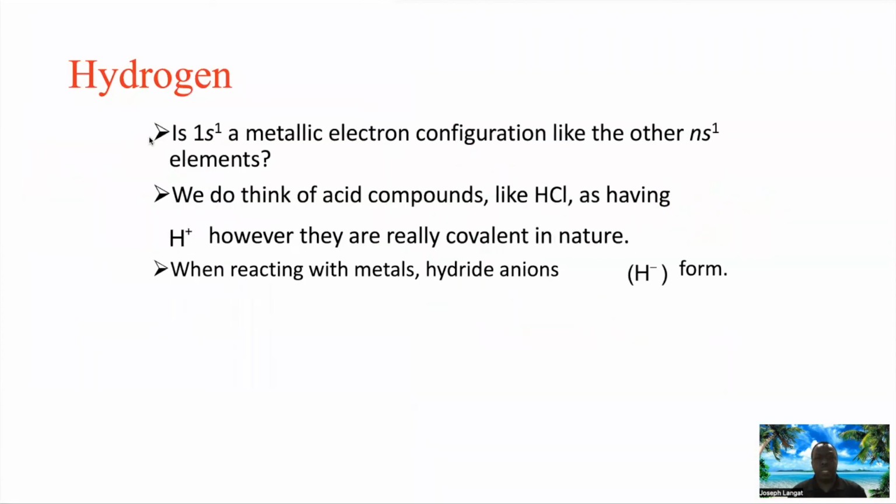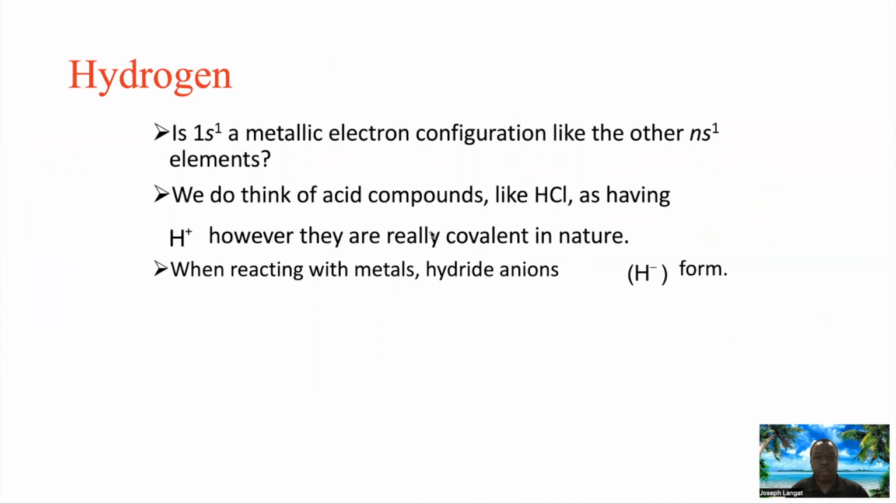Now, hydrogen occupies a special position on the periodic table because it reacts as a metal. It has one valence electron. It can lose that one valence electron to form the cation H+, that is reacting like a metal.